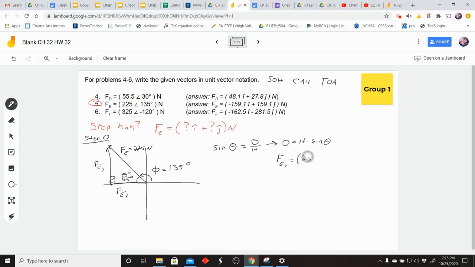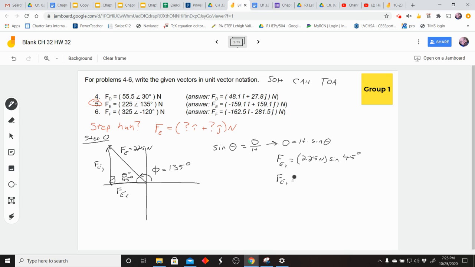So I'll just go right ahead and do the numbers. 225 newtons times sine of theta. And the angle we're dealing with is 45. So ask your calculator, what is 225 times sine of 45?